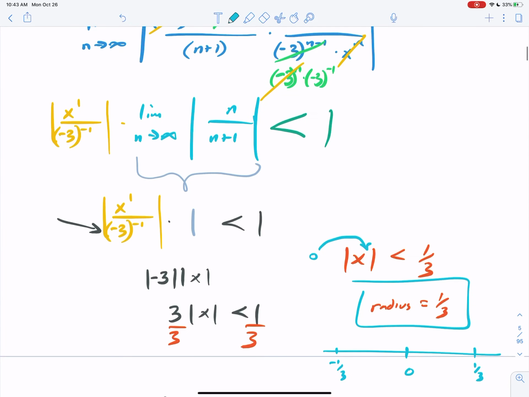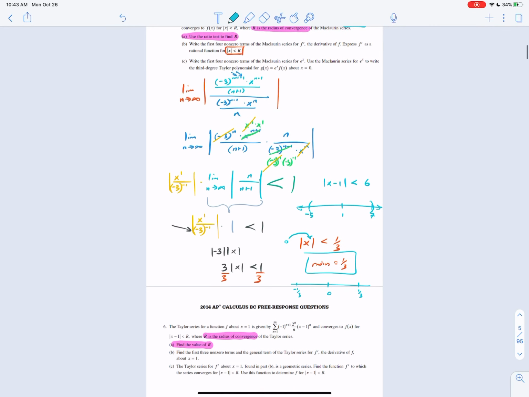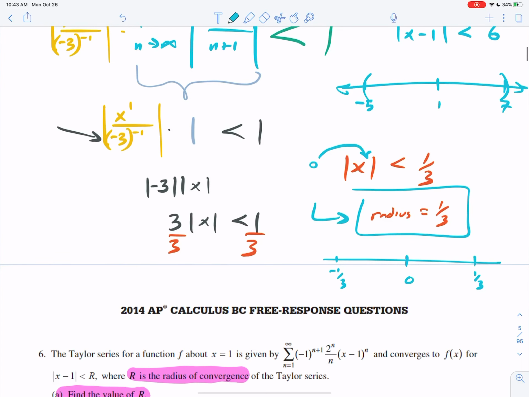So for instance, if you have the absolute value of x minus 1 is less than 6, that's saying that it's centered at 1, and you're pushing out 6 units to the right, which is 7, and 6 units to the left, which is -5. Okay? That'll at least give you your interior. But again, here they didn't ask you for the interval of convergence, so pretty much all you need is the radius, which is 1/3.